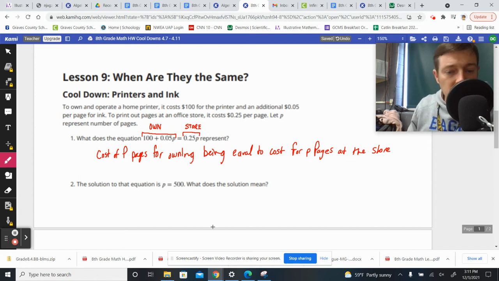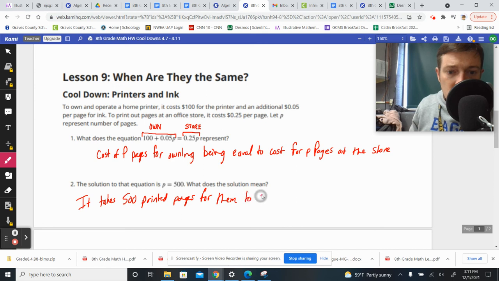So that kind of leads us to the next part. If setting these equal means that they're going to cost the same, then the solution when you solve this and find that P is 500, it takes 500 printed pages for them to cost the same amount.